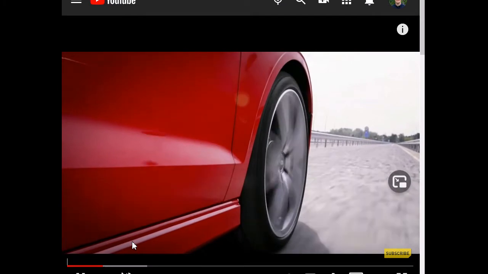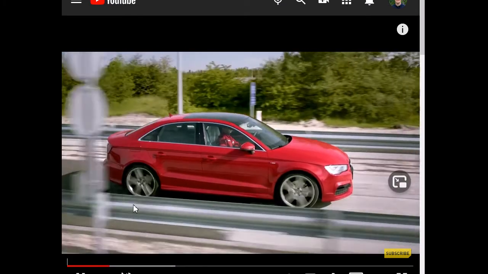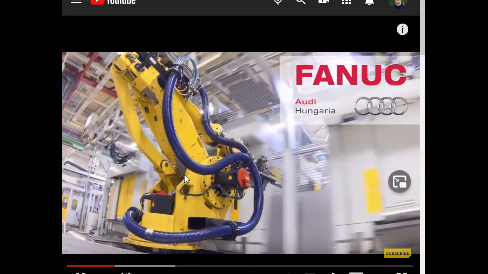Here you can find an application of industrial manipulators in the manufacturing of automotives.